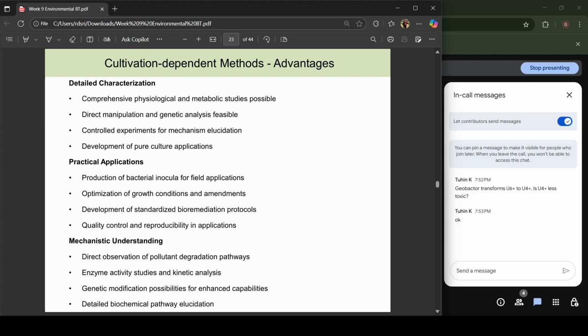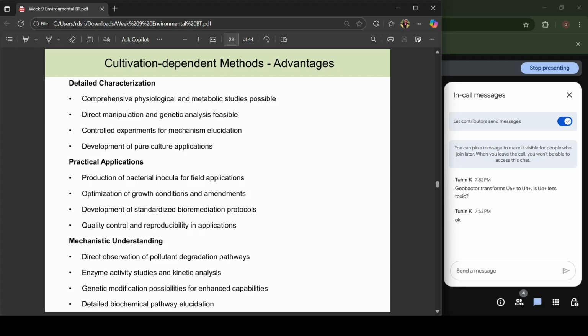We will also be able to develop standardized bioremediation protocols where we say that this much inoculum of a particular bacteria should be used for remediating a particular amount of pollutant. All this standardization in terms of numbers can be done, and then we can ensure quality control and reproducibility in the applications of cultivation dependent methods.